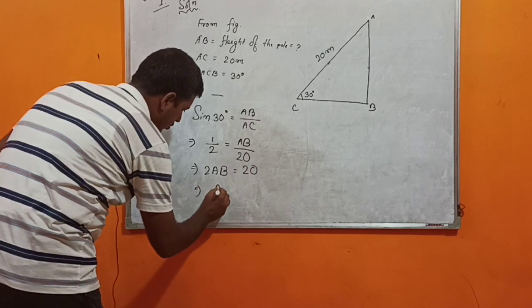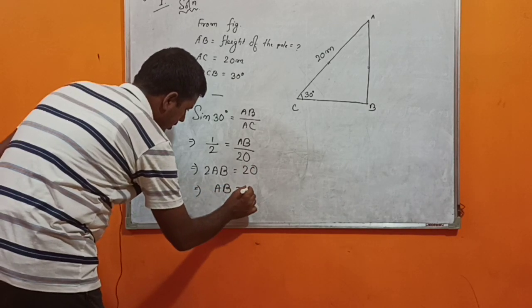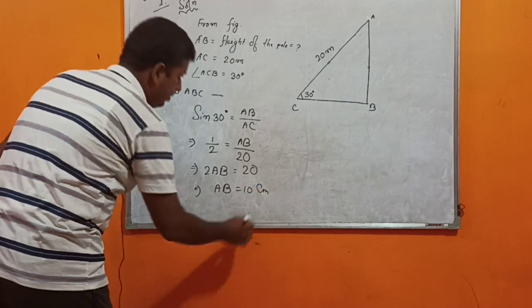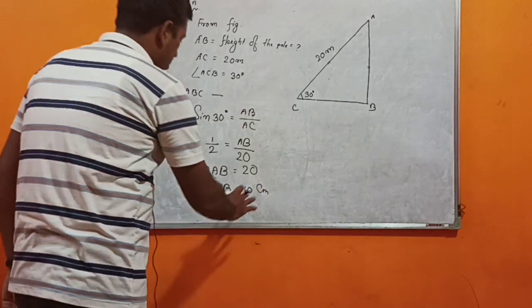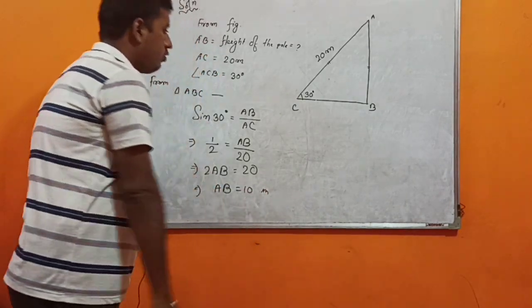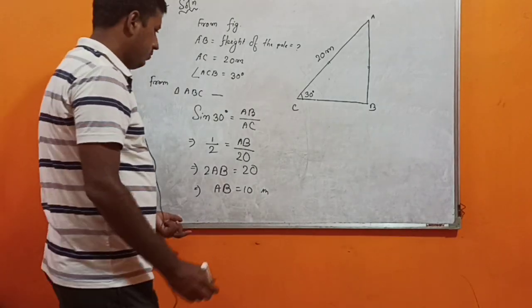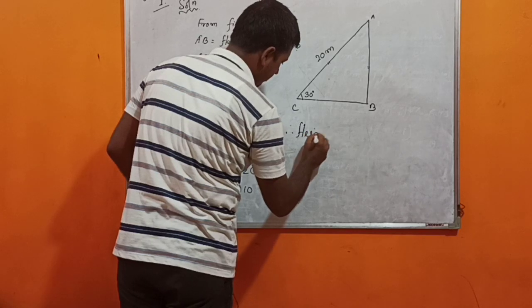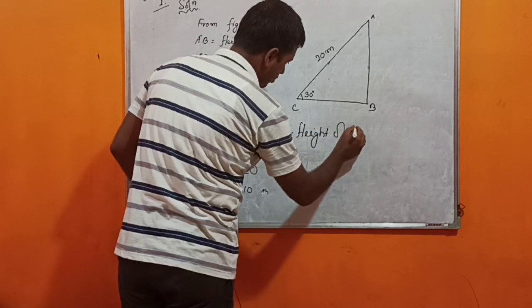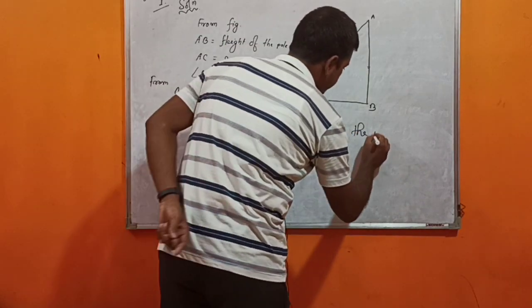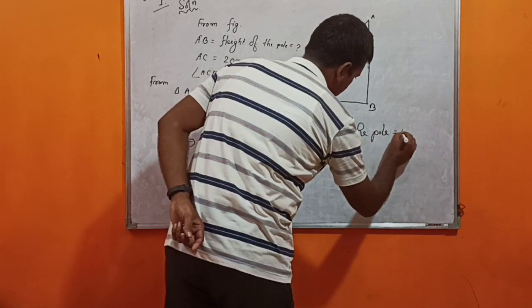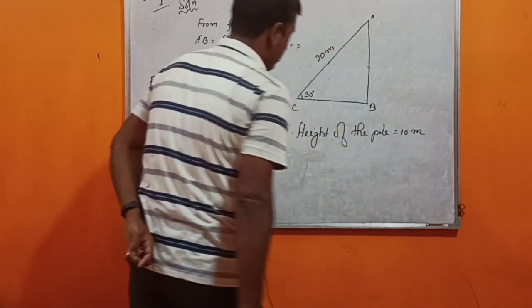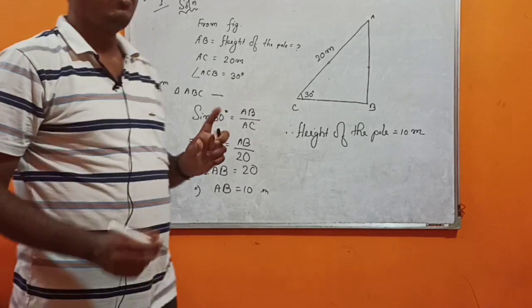So AB equals 20 by 2, which is 10 meters. Therefore, we have got the height of the pole equal to 10 meters. Okay, so this is our first question.